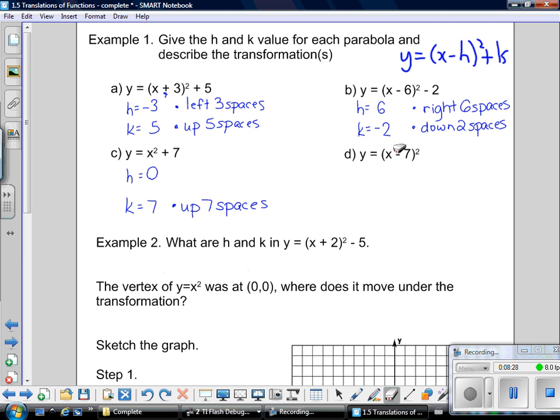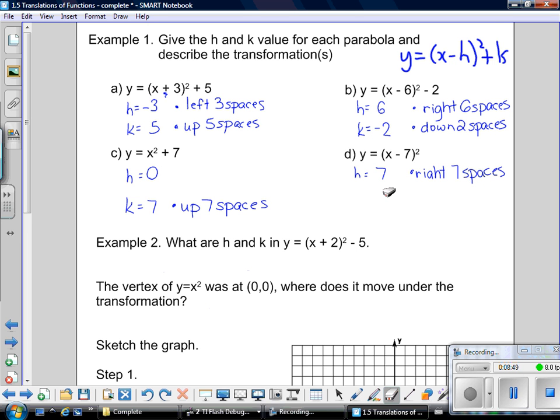The next one, again, my bracket's been open, so I have an h value other than 0, and this time it has to be a positive 7, because notice that the equation here is a negative, which means I must have put a positive in order to remain negative. So I've moved it right 7 spaces.